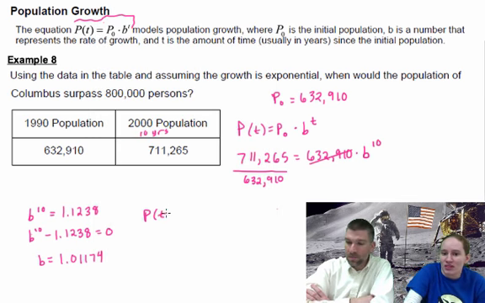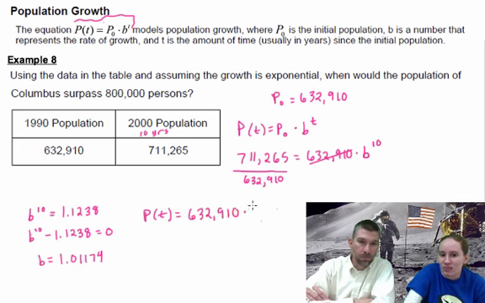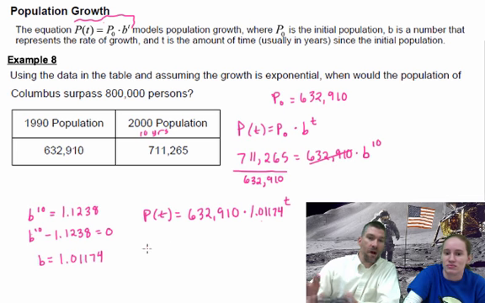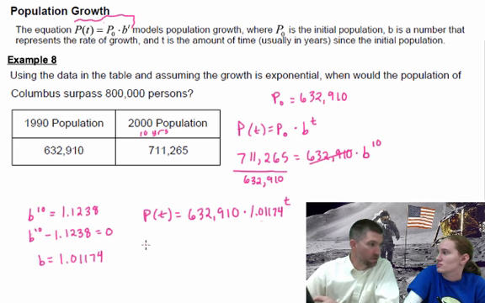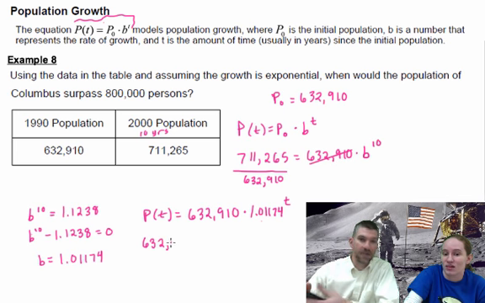So our model is P of t equals P naught, which is 632,910, times 1.01174 to the t. We want to figure out when does that equal 800,000? Or when is that greater than or equal to 800,000? So what I'm going to do is graph that, and graph 800,000, and see where they... Or graph that minus 800,000.